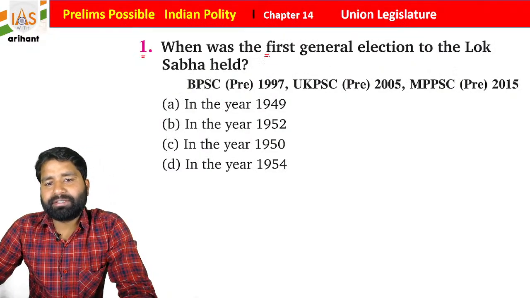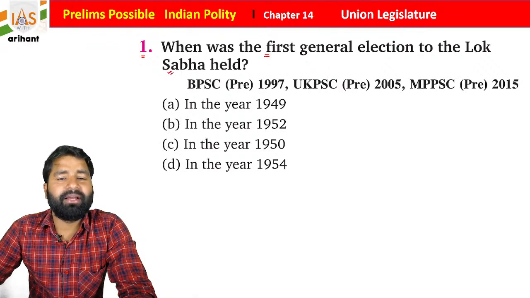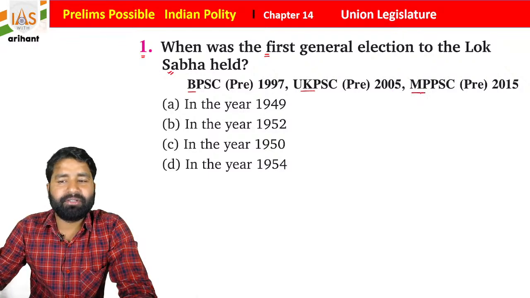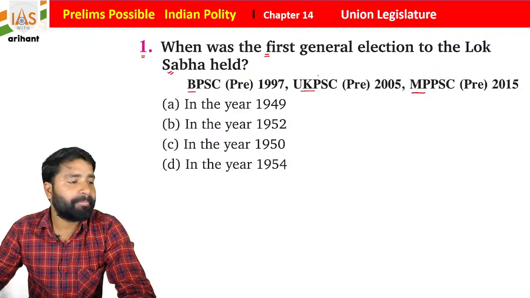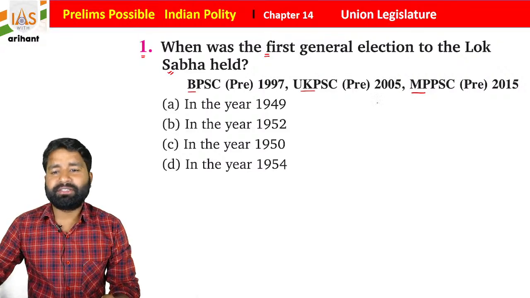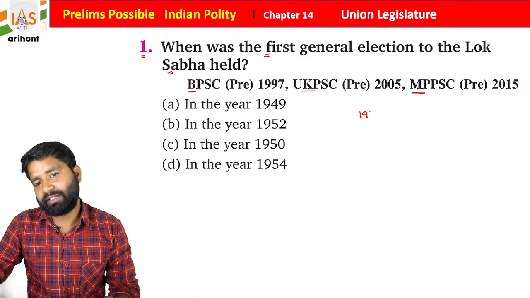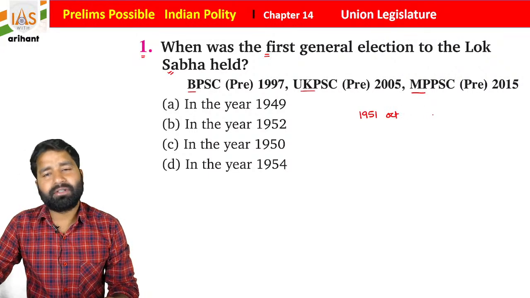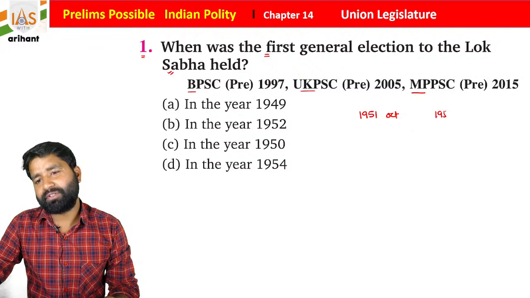When was the first general election to Lok Sabha held? This question was asked in Bihar PSC, Uttarakhand PSC, Madhya Pradesh PSC, UPPSC, different one-day examinations. The first general election started in October 1951, and it lasted up to 1952.